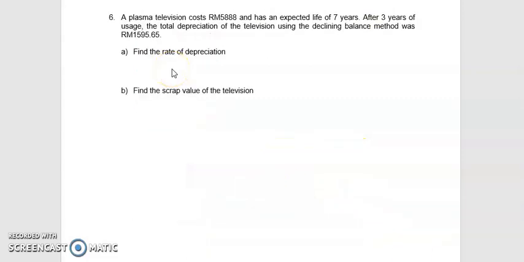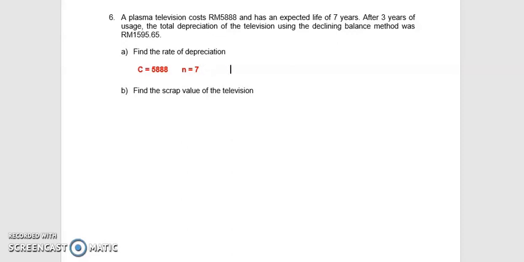Okay, number 6 here. A plasma television costs 5,888 and has an expected life of 7 years. So cost equal to 5,888, useful life 7 years. After 3 years of usage, the total depreciation of the television using declining balance method was 1,595 ringgit 65 cents.